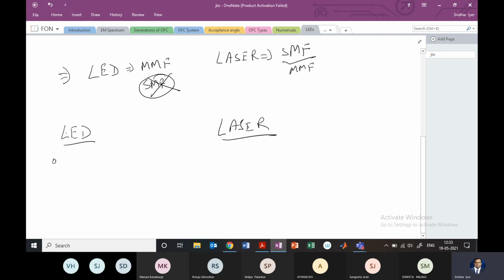So here, and I'll be writing in short, the output is incoherent, so you'll have phase issues, whereas here the output is coherent, so phase issues will not be there, right? Light spreads out.